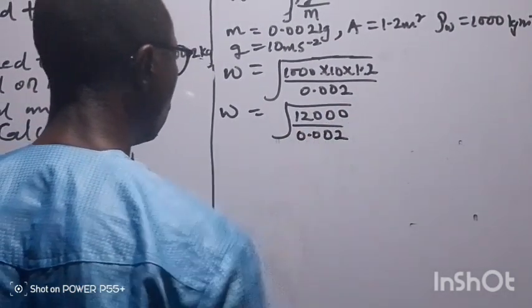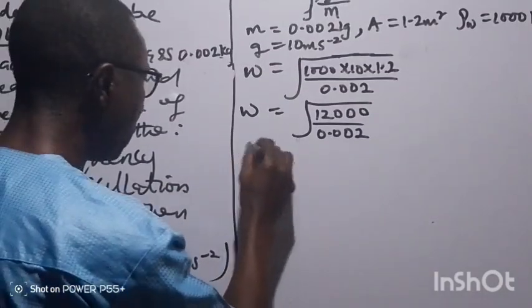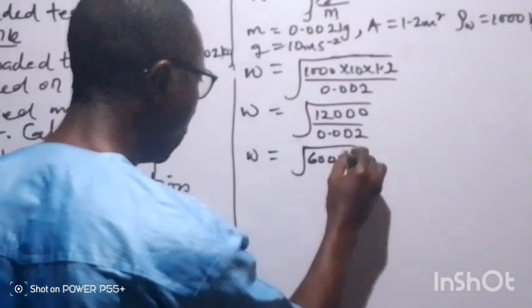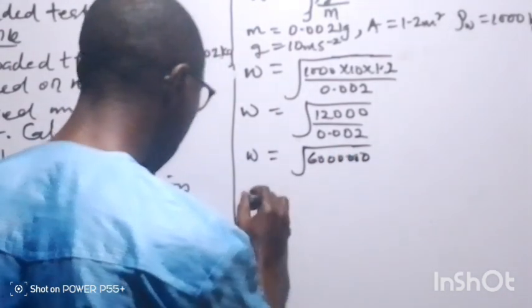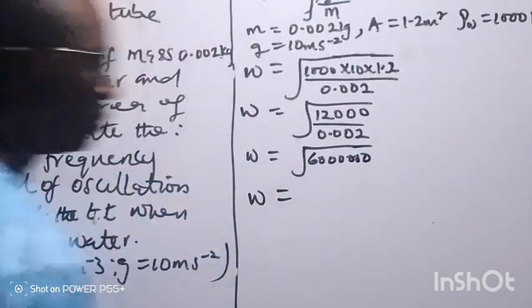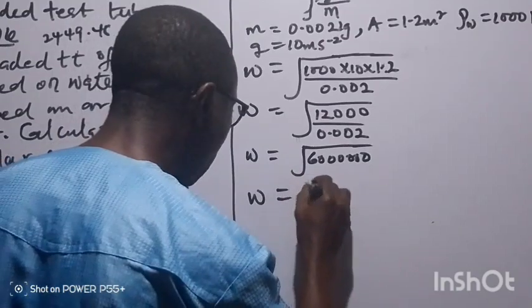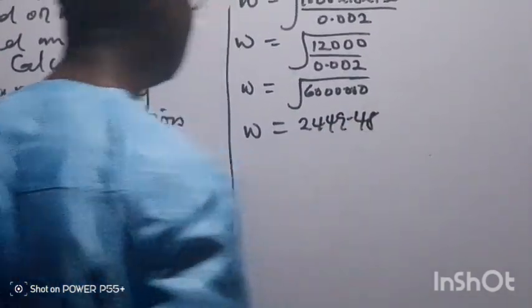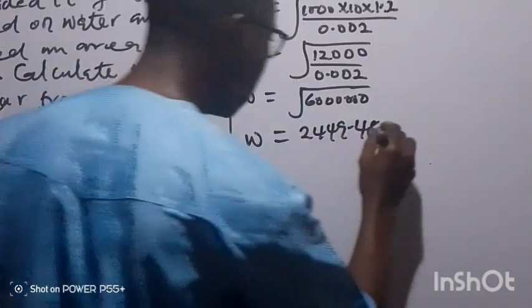Now our omega will be equal to the square root of 6 million. Then omega will be equal to, the answer will be 2449.48. This is angular frequency, rad per second.